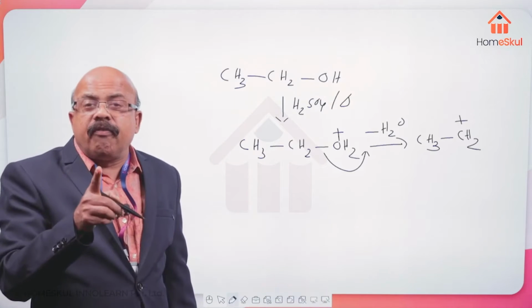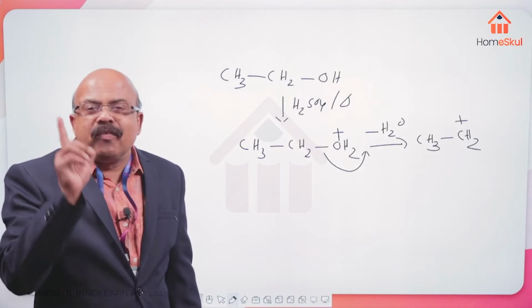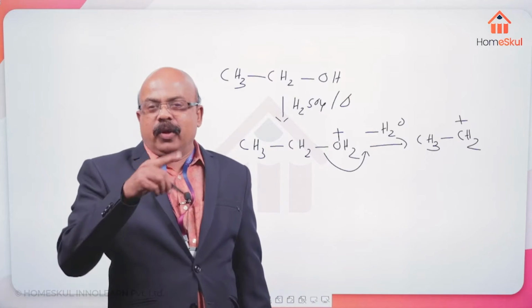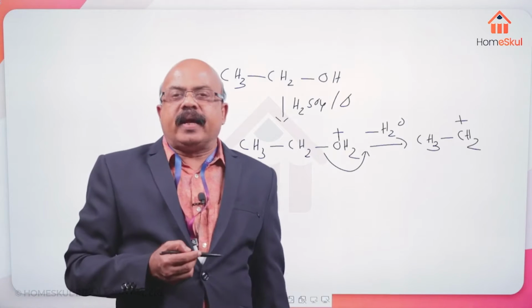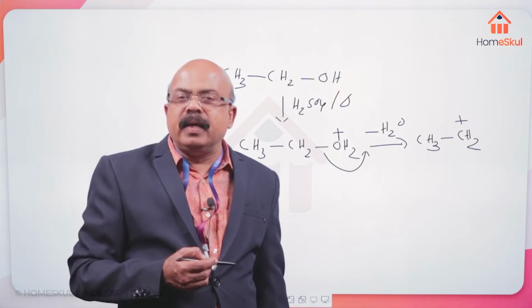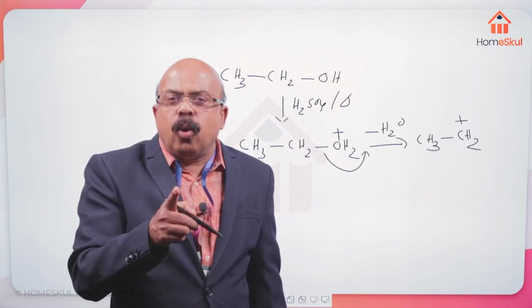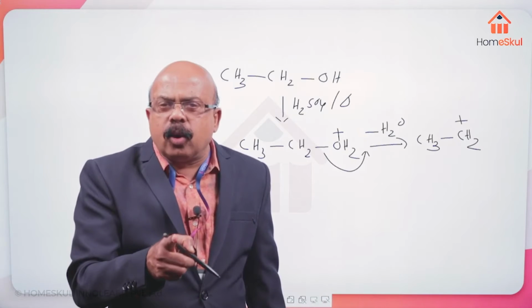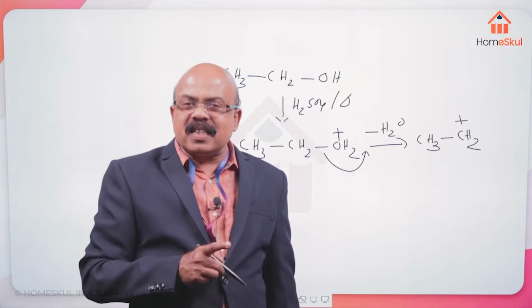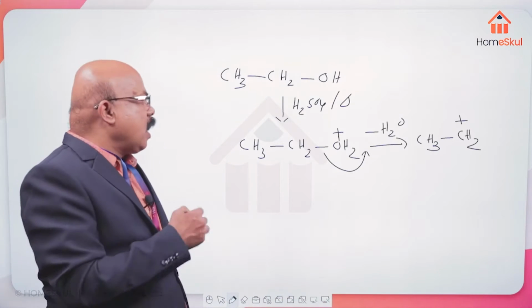Therefore, the rate of dehydration is proportional to the stability of the carbocation. You know that tertiary carbocation is more stable than secondary, which is more stable than primary. So any alcohol that can produce a tertiary carbocation undergoes this reaction faster than one which can give a secondary carbocation.